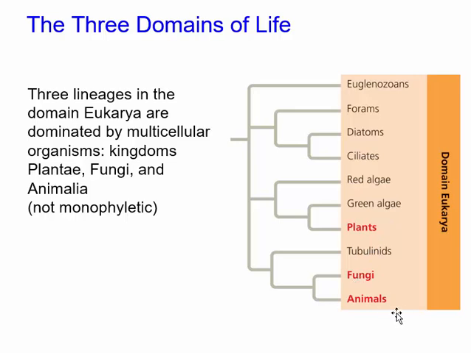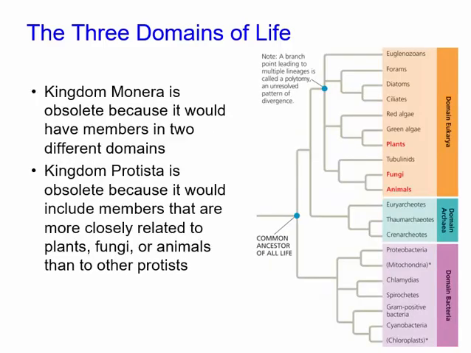Plants are a separate lineage from fungi, so multicellularity has evolved more than once in the history of life on Earth. The monerans, as I mentioned before, are not monophyletic because you've got the archaea and bacteria as distinct lineages here. And similar to the protists, they crop up at all places in this eukaryote tree.